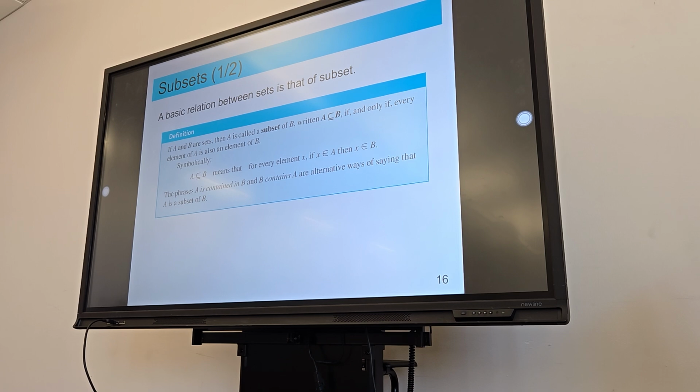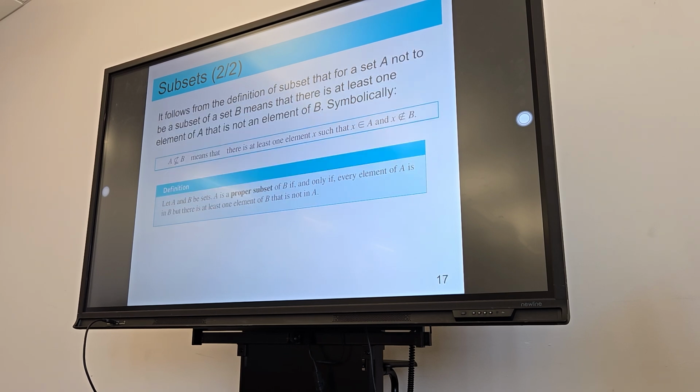So just try to remember these symbols. It follows from the definition of a subset that for a set A not to be a subset of B means that there's at least one element of A that is not an element of B. So symbolically, there it is.